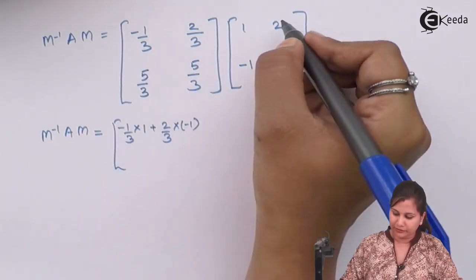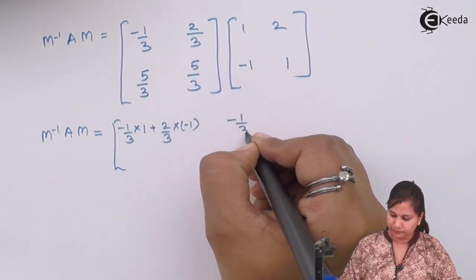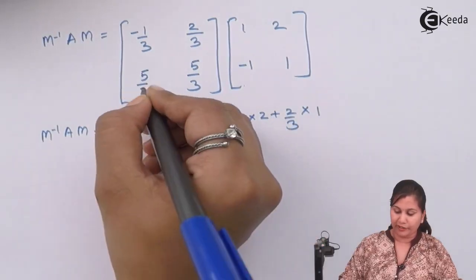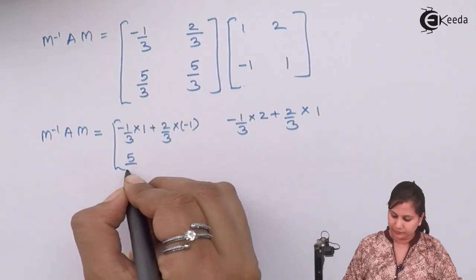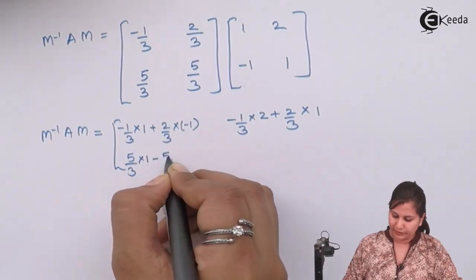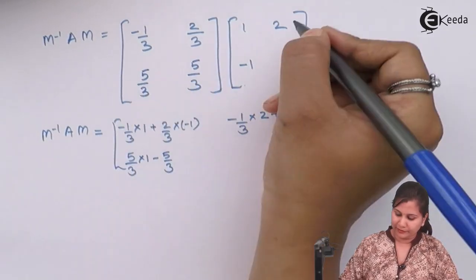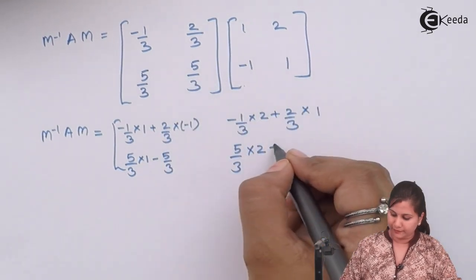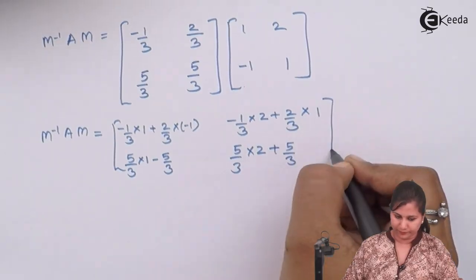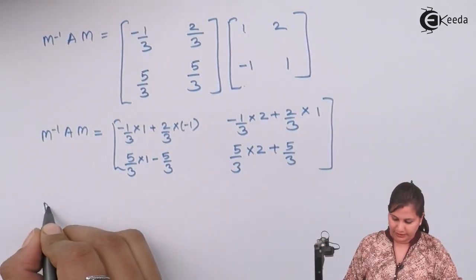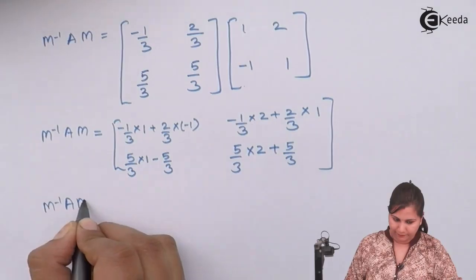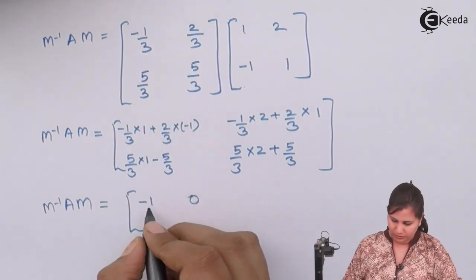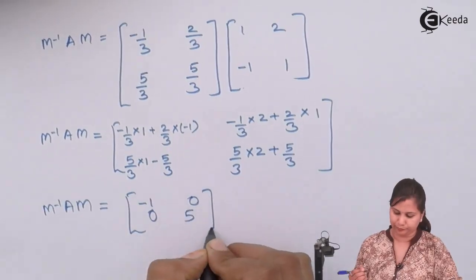Then minus 1 by 3 into 2 plus 2 by 3 into 1. 5 by 3 into 1 minus 5 by 3. 5 by 3 into 2 and plus 5 by 3. So we are getting M inverse AM as minus 1, 0, 0 and 5.